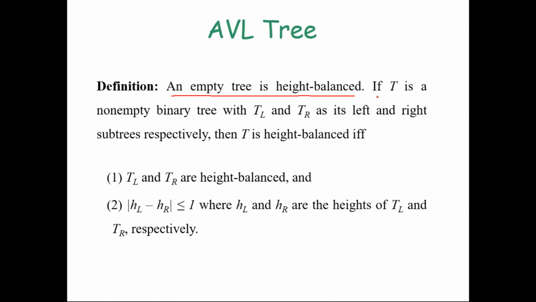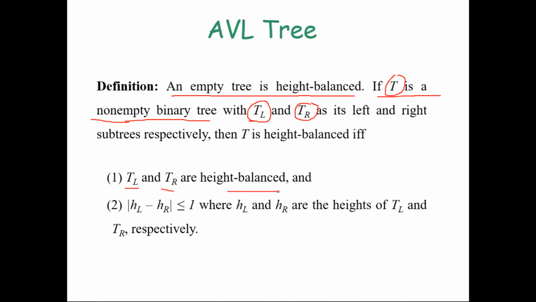Then if T is a non-empty binary tree, and TL is the left subtree of T, and TR is the right subtree of T, then you can say that T is balanced if TL and TR are height balanced.